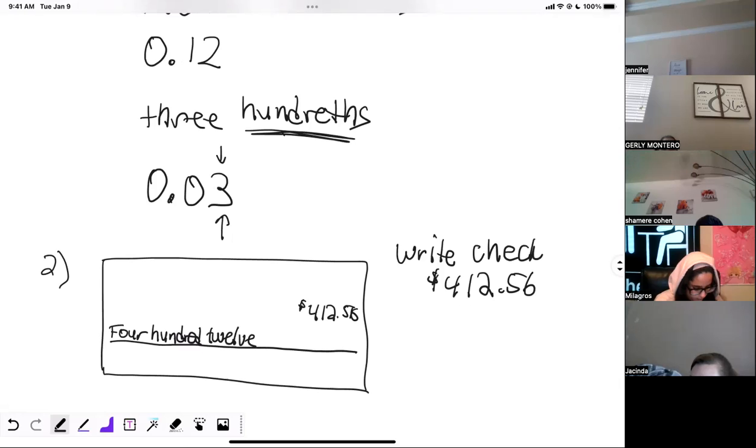They do 412, and then there's going to be a line, and then it's going to be 56 over 100. That's how you write your change: 56 cents out of 100. So you're going to be filling in the two spots. You fill in the money here, and then you write 412 and 56 over 100 for your cents.